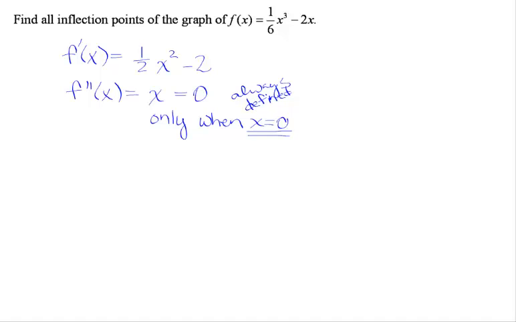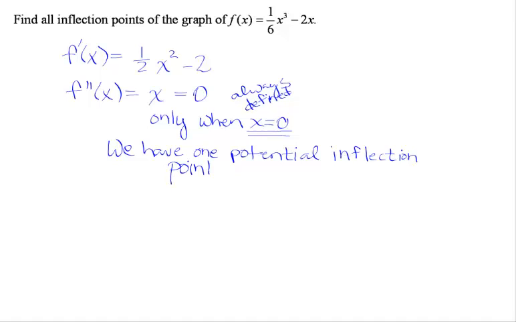I've only got 1 zero. So we have one potential inflection point. I don't know if it is an actual inflection point until I do some testing.